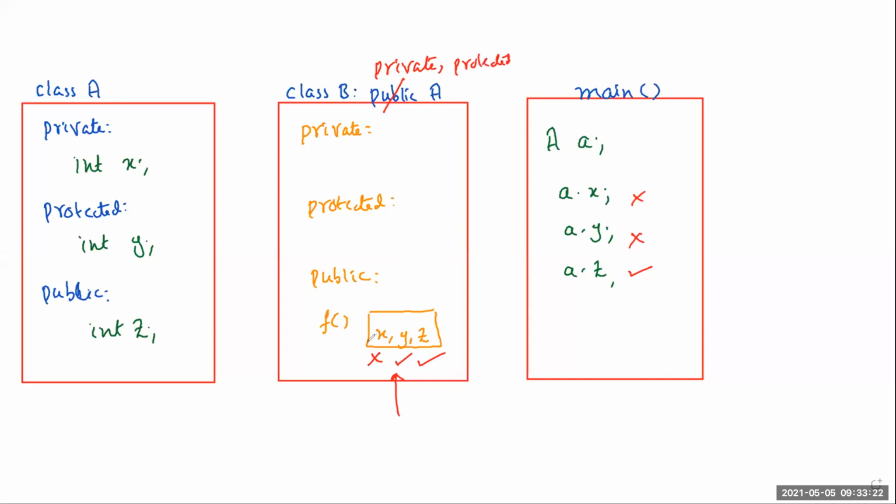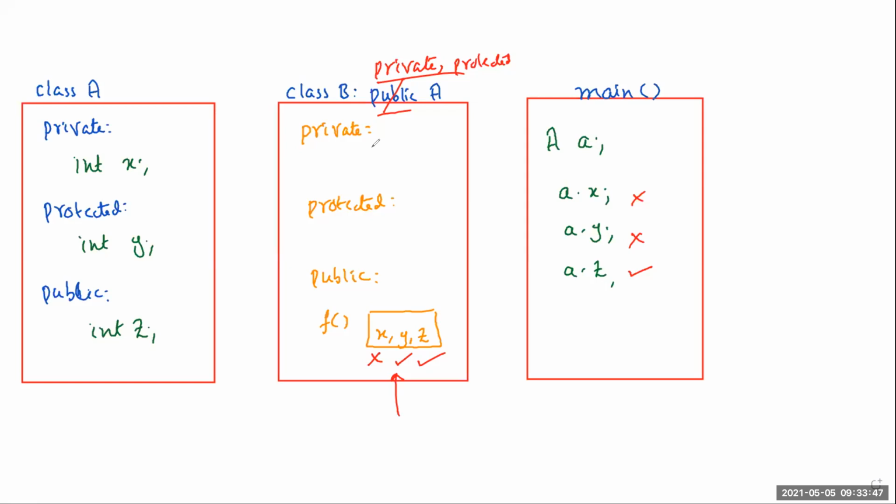When I say nothing will change, what does it mean? You can always access protected and public from the child class. You cannot access private. So it means this rule is actually not dependent on this. In other words, when I'm saying nothing is changing, it means type of inheritance is not influencing what you can access from the child class.